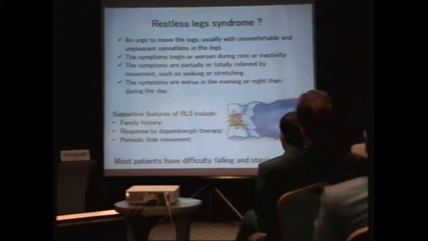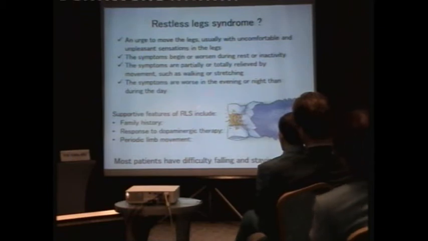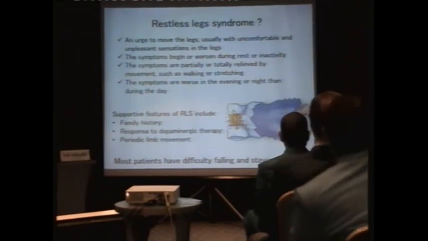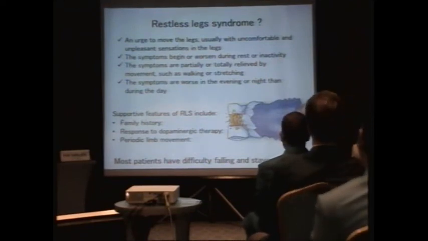And there are 3 supportive features: family history, dopaminergic therapy response, and periodic limb movements. But the most important problem for these patients is that it is too difficult to fall asleep and stay asleep.